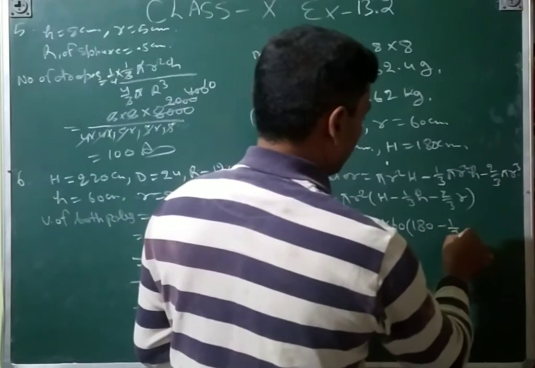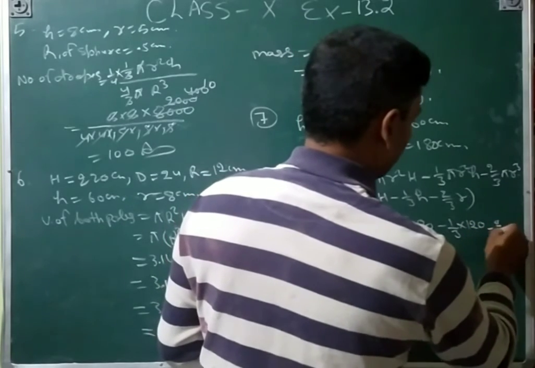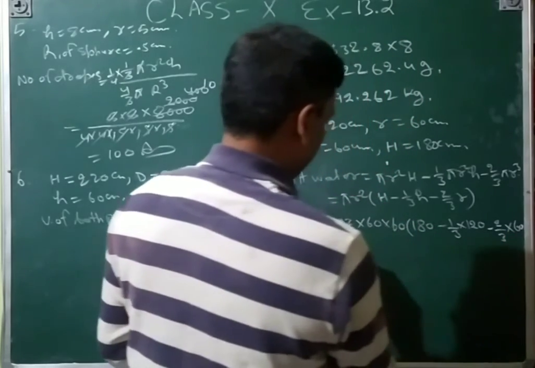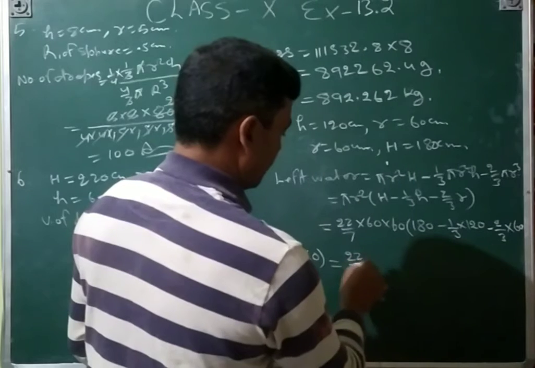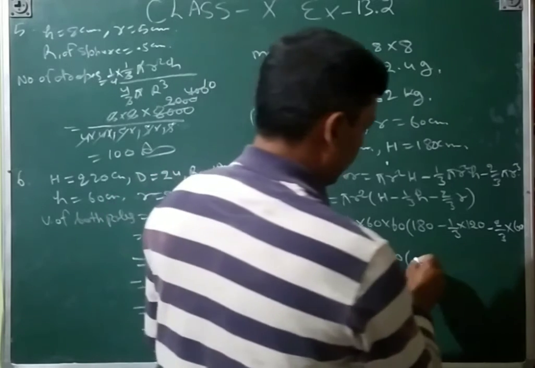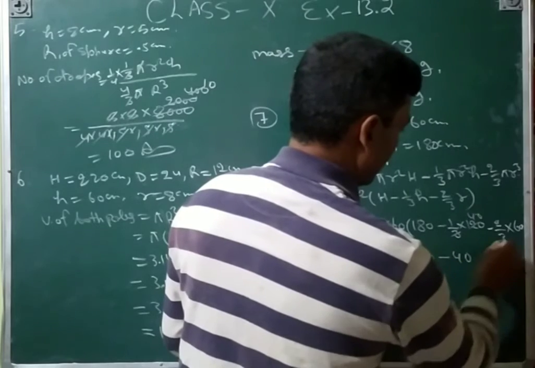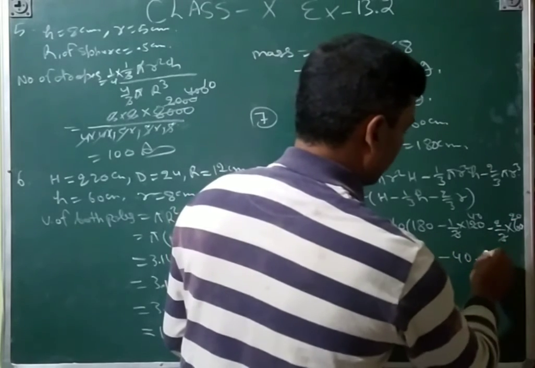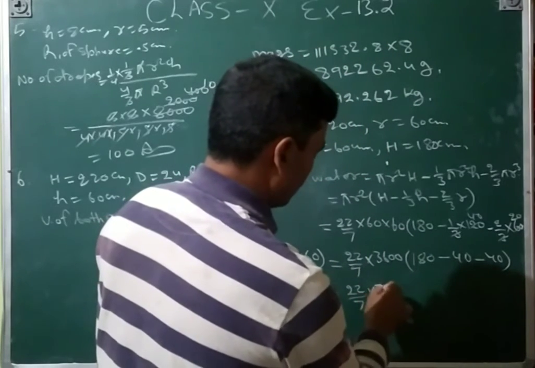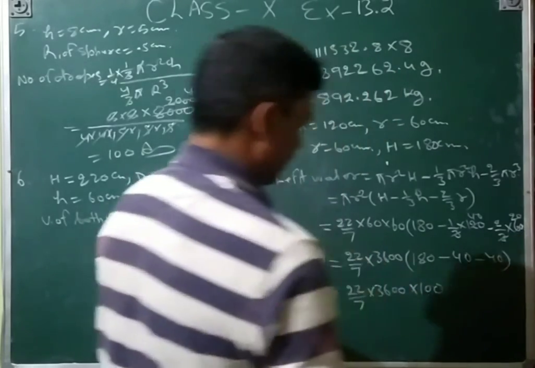180 minus 1 upon 3 into that h is 120, that minus 2 upon 3 into r is 60, then 22 upon 7 into 36, 6 6 is 36, and then bracket 180 minus 3 4 is 40, 3 2 is also 40, and then 22 upon 7 into 3600 multiply, that will be 100.